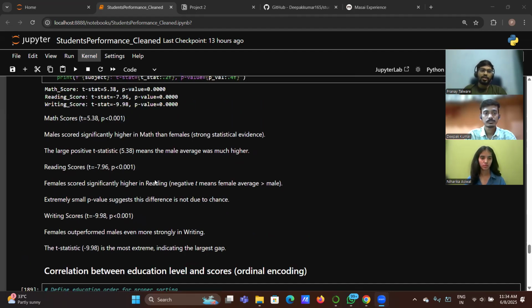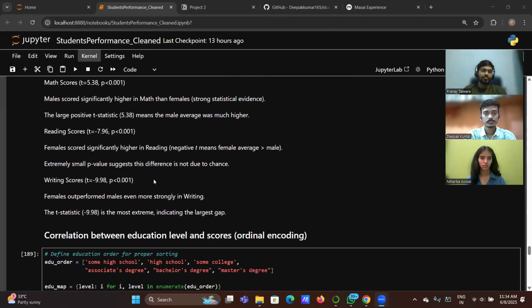So I will just explain the values. In the writing score, females have outperformed males, because they have a statistical value in the negative form, minus 9.98.